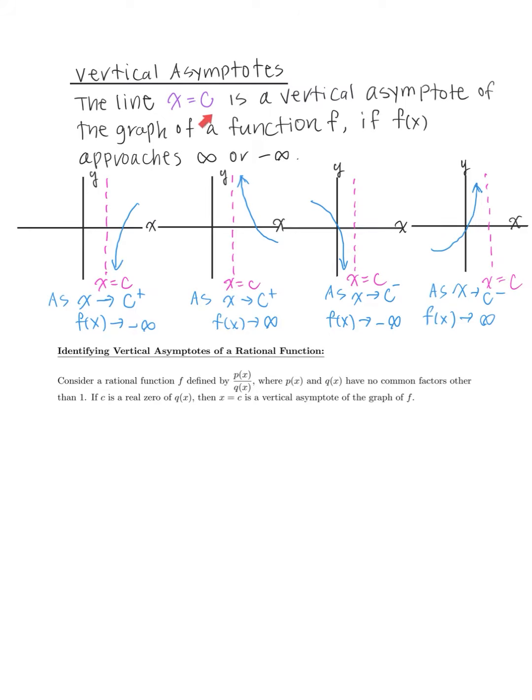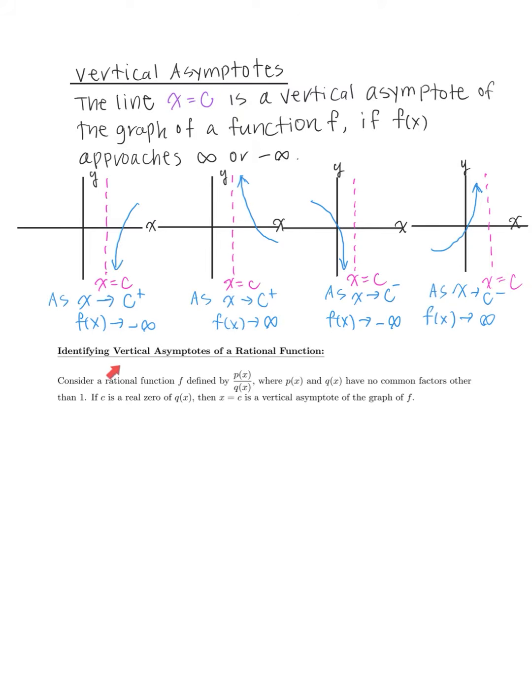So this statement is legit because look, it says the line x equals c is a vertical asymptote if f of x approaches infinity or negative infinity. So in all 4 cases here, do you see that our f of x is approaching either positive infinity or negative infinity? Anyways, let's look at the next one.